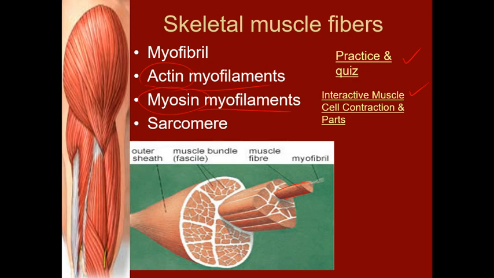So they interact like my interlocking fingers. I have this myosin right here, and I have this actin, and we're going to have them kind of interlocking like this. They have units that control the contraction.